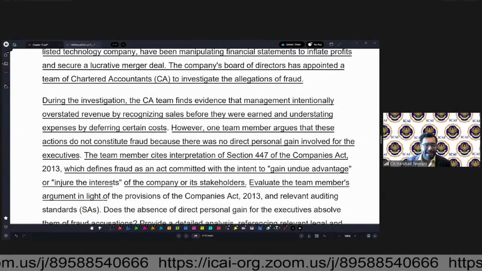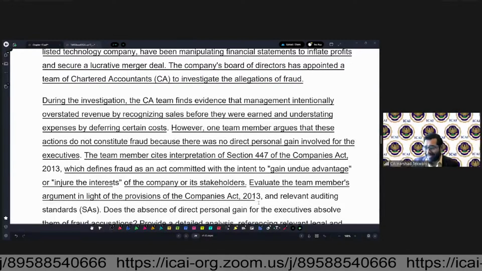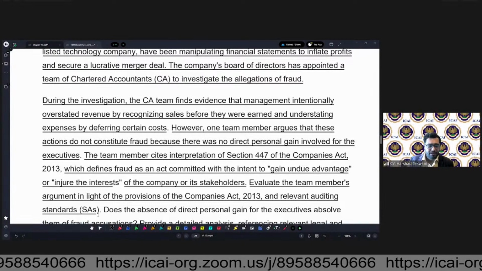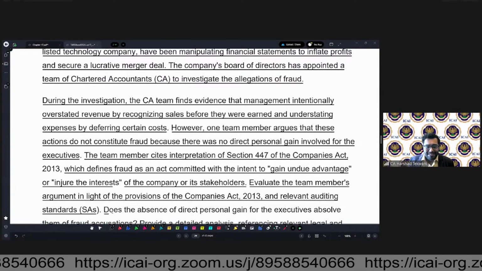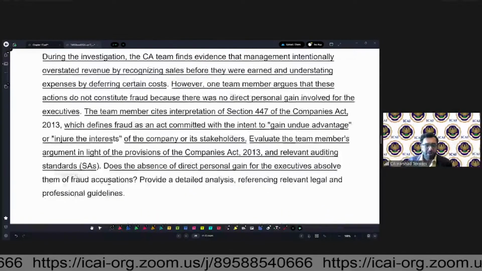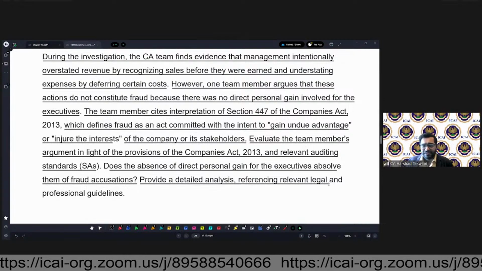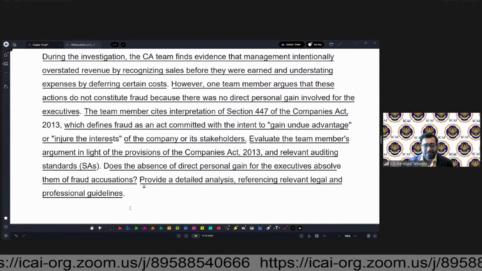Evaluate the team member's argument in the light of provisions of the Companies Act 2013 and relevant auditing standards. Does the absence of a direct gain for the executive absolve them from a fraud accusation? Provide detailed analysis referencing the relevant legal and professional guidelines.